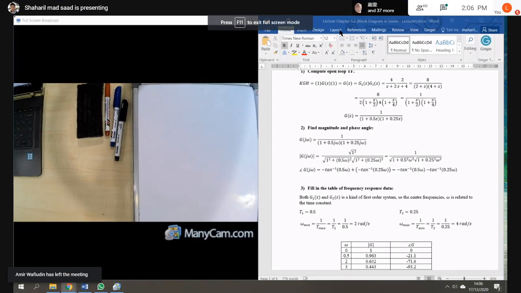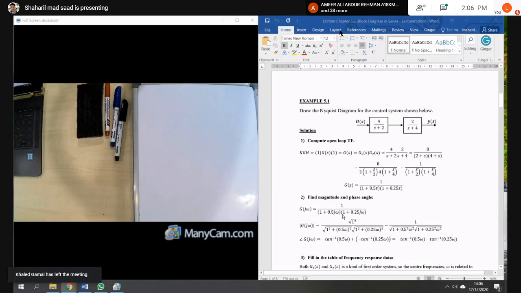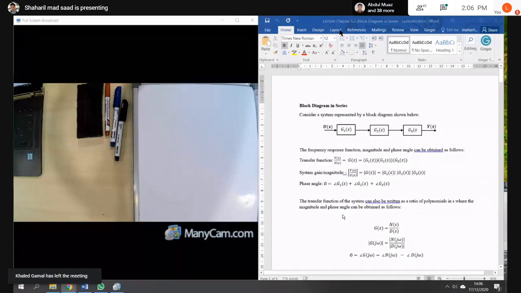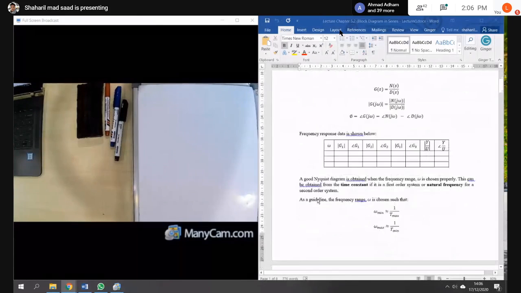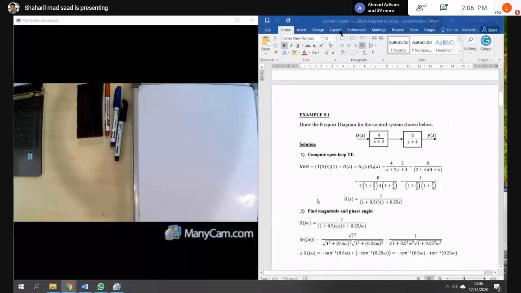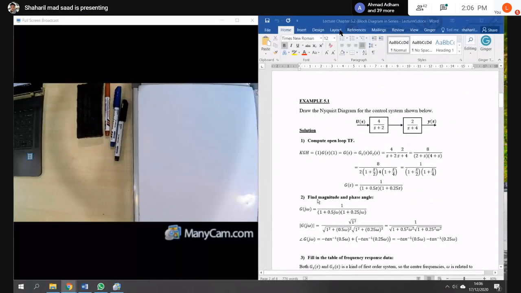For today, what we are going to learn: I have issued the frequency analysis, and for today what we are going to achieve is to draw the locus of the frequency analysis by using the Nyquist diagram.